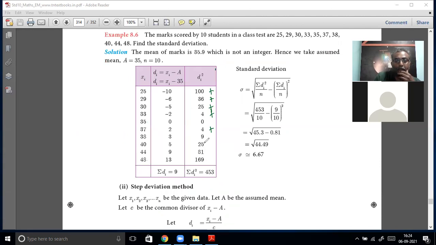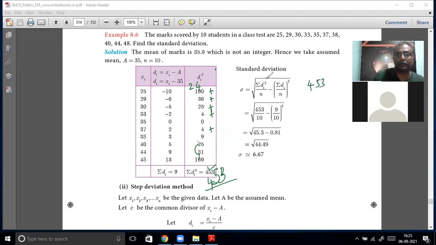Adding them up, we get 453. So sigma di squared is 453.